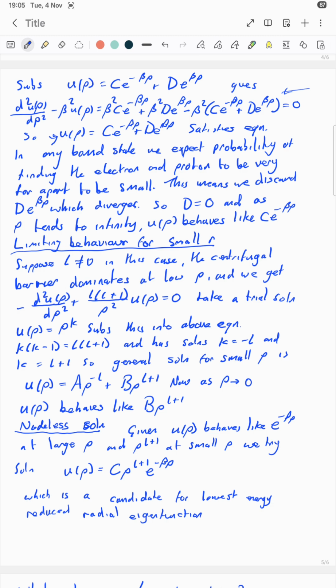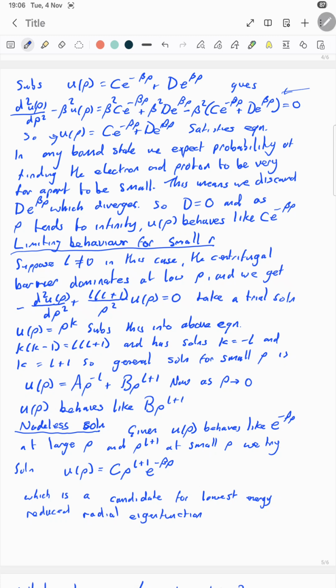So this means we can discard the D e to the beta rho term, which will just continue to grow without end, which diverges. So we set D equals 0. As rho tends to infinity, u of rho behaves like C e to the minus beta rho. That's the limiting behavior.